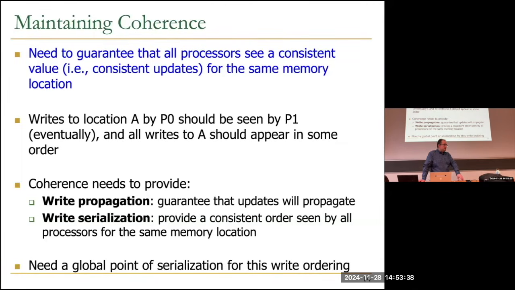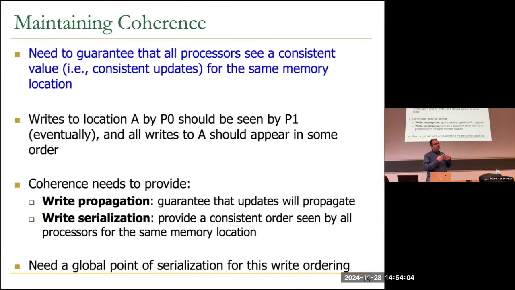So this is interesting. The other way around, no. Cache coherence is actually only talking about one memory location. So you care about cache coherence when you are talking about one memory location, right?